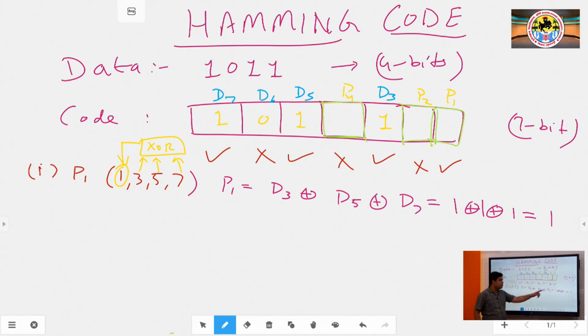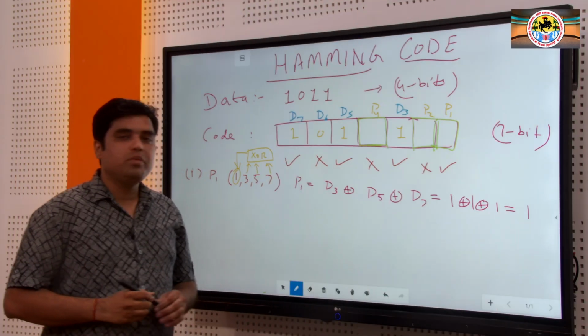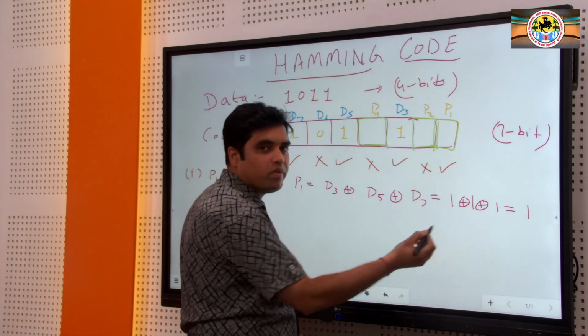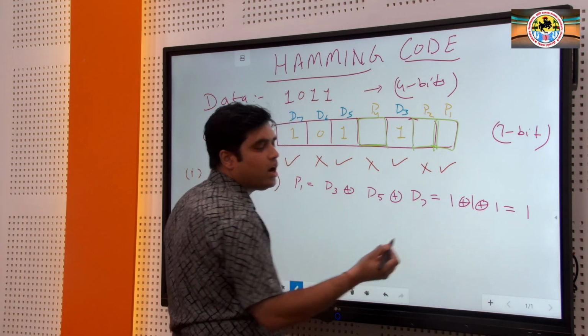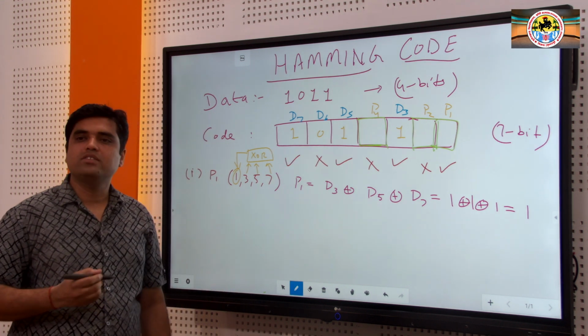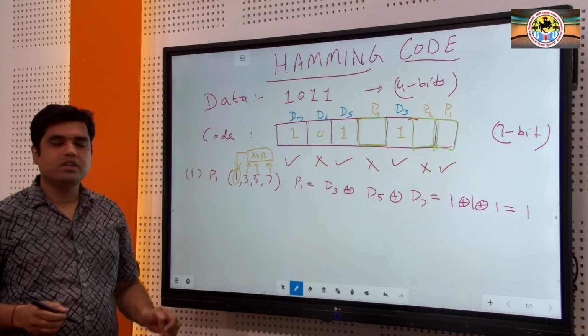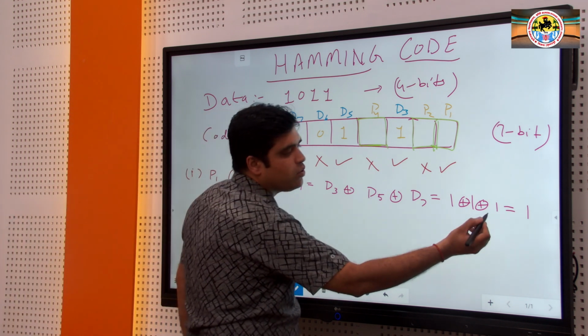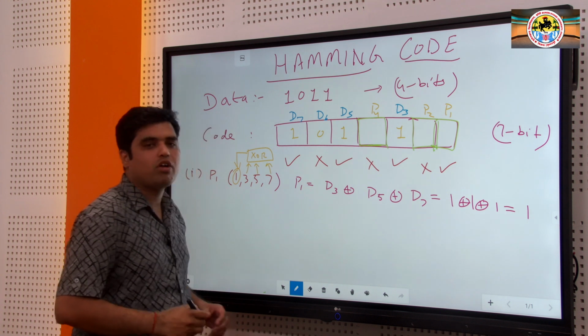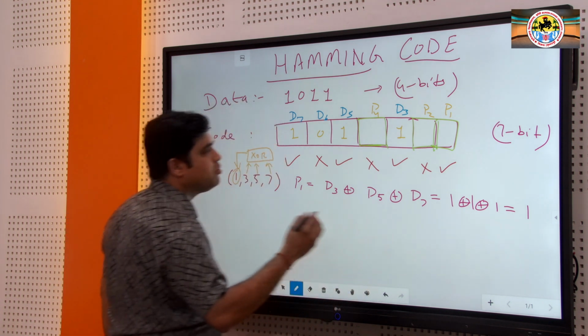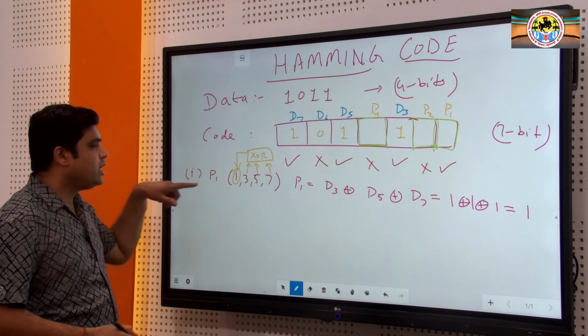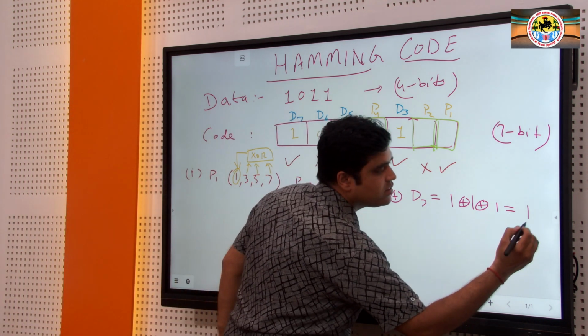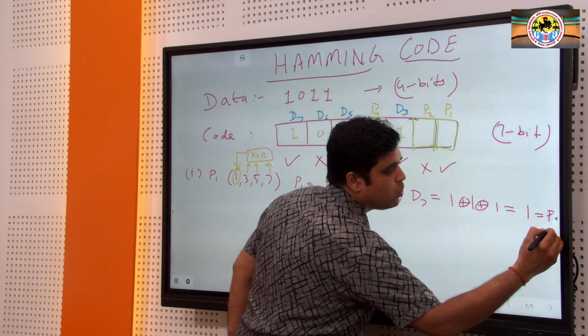The basic logic behind the XOR function is that XOR is an odd function. It means you have to count the number of ones. If the number of ones is odd, the answer is 1. If the number of ones is even, the answer is 0. Here we have 3 ones, and because 3 is an odd number, the answer is 1. This is P1.